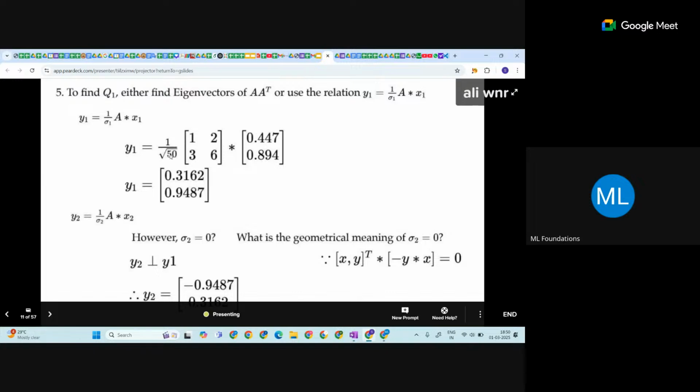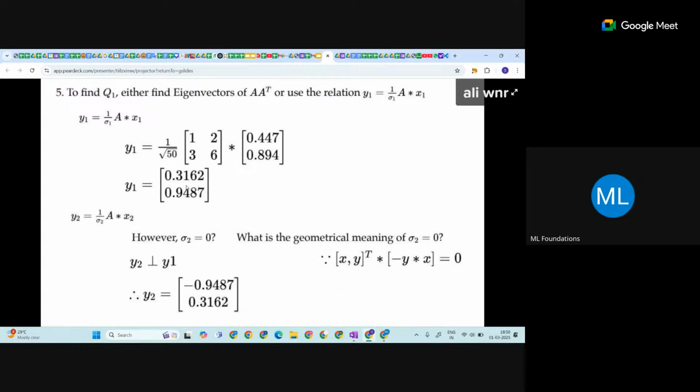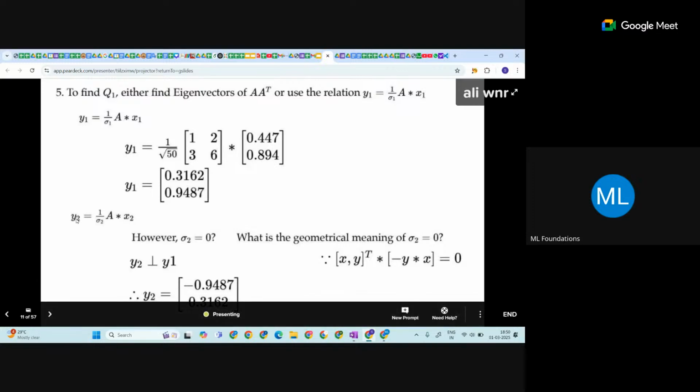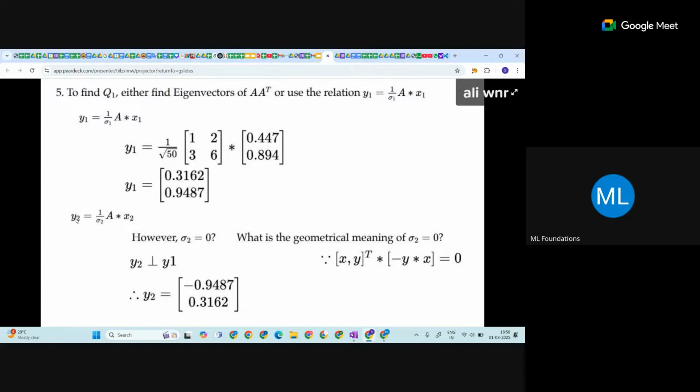If you do the matrix multiplication, this is what we will get. But what will we do for 0? Now we want to find y2, right?